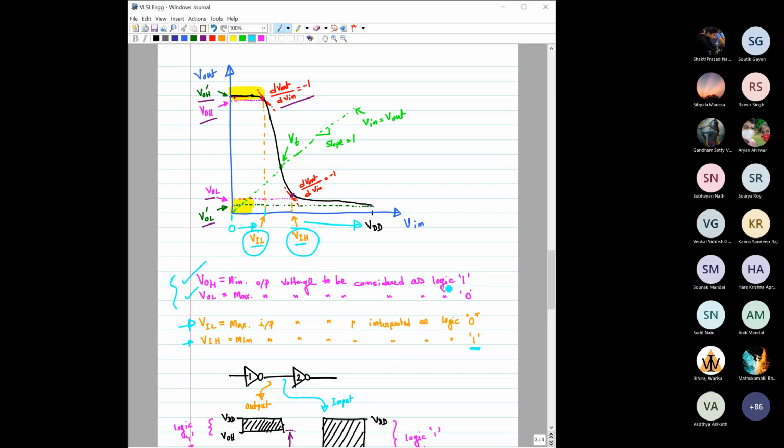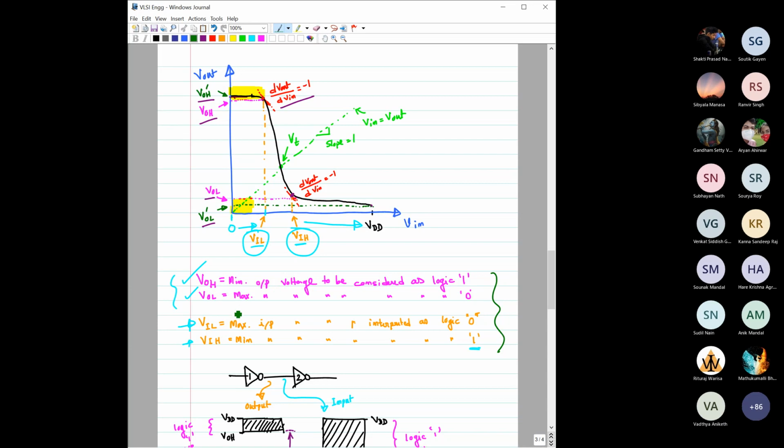One thing is quite clear from this: VOH, VOL, VIL, VIH are dependent on the VTC of this gate only, right? If you change the design, as a result your VTC changes, and these values will also change.